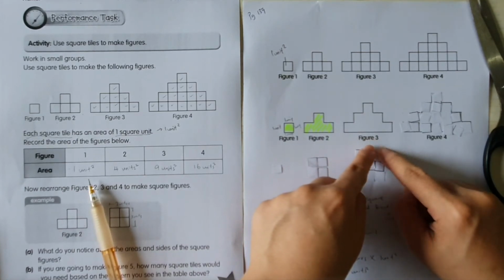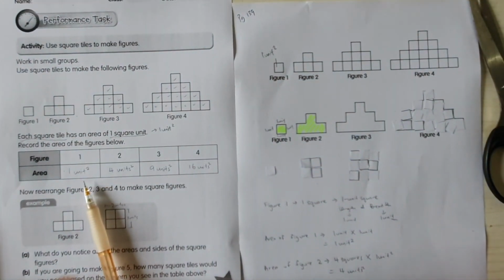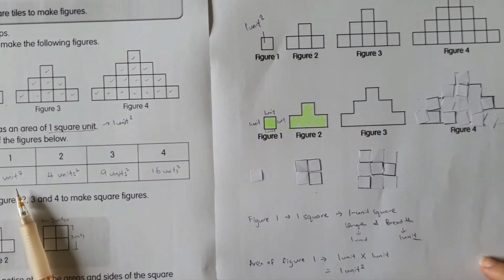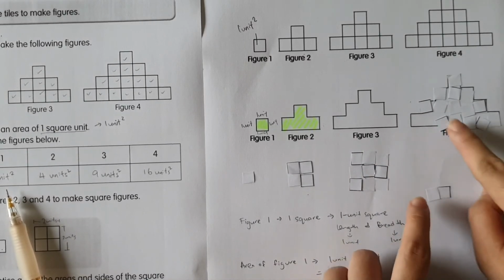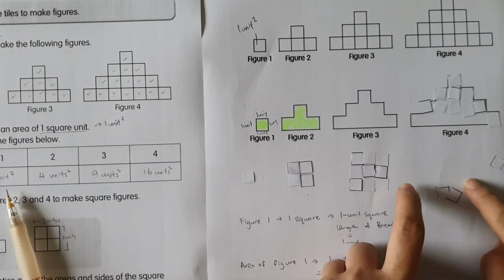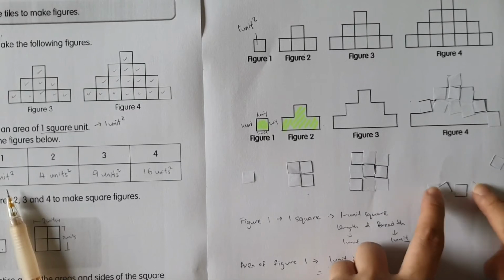So I rearranged the unit squares, and here I get a bigger square. Okay, I'm zooming that back a little bit. Okay, and over here, what can you guess? Can I make a square out of this? And what do you think is the length of the side of the square?